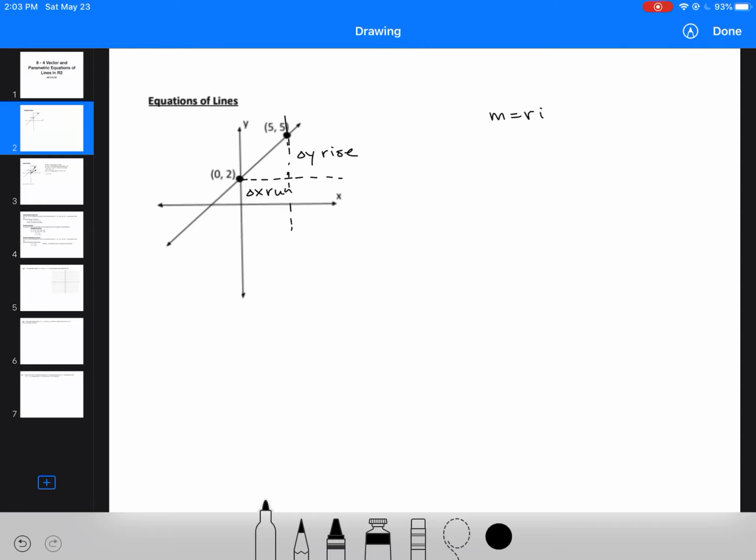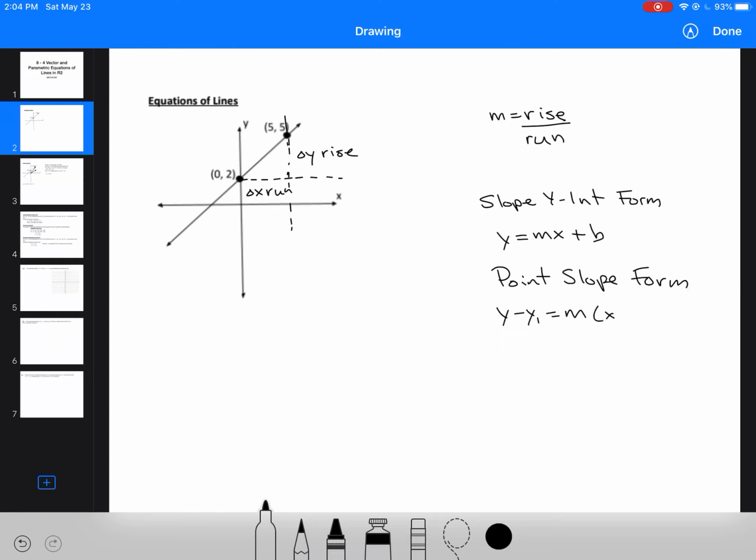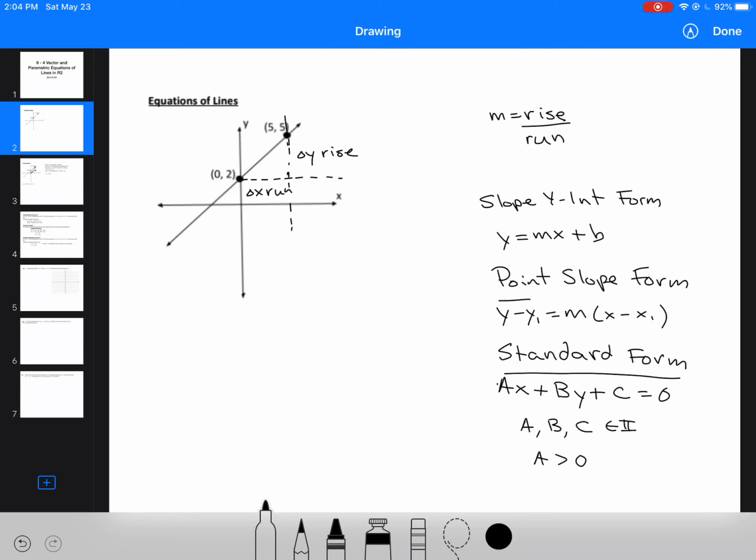This is going to allow you to find the slope, which lets you find the equation of the line in slope y-intercept form, y equals mx plus b, point slope form, y minus y1 equals m times x minus x1, or you can write the equation of a line in standard form, ax plus by plus c equals 0, where a, b, and c are elements of the integers and a is greater than 0. So these forms you already know.